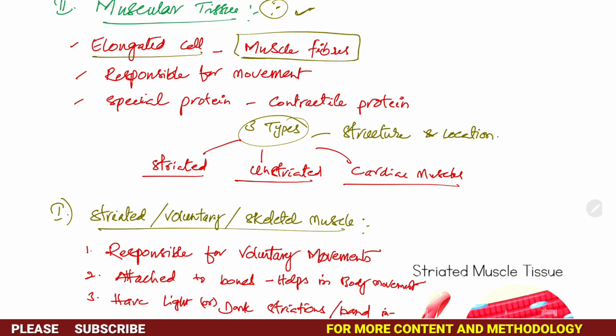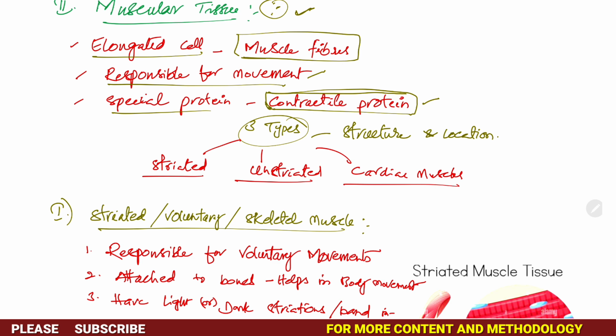This tissue is responsible for movement in our body, and it has a special protein called contractile protein which contracts and relaxes to cause movement in our body. You got it? Which protein? Muscle cells have contractile protein which contracts and relaxes to cause the movement.